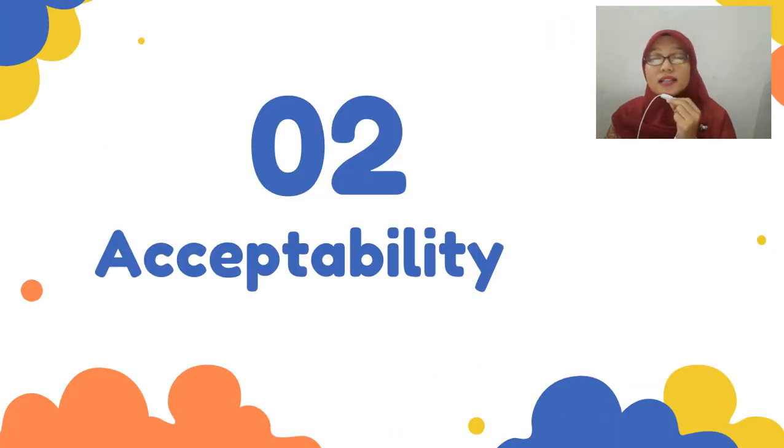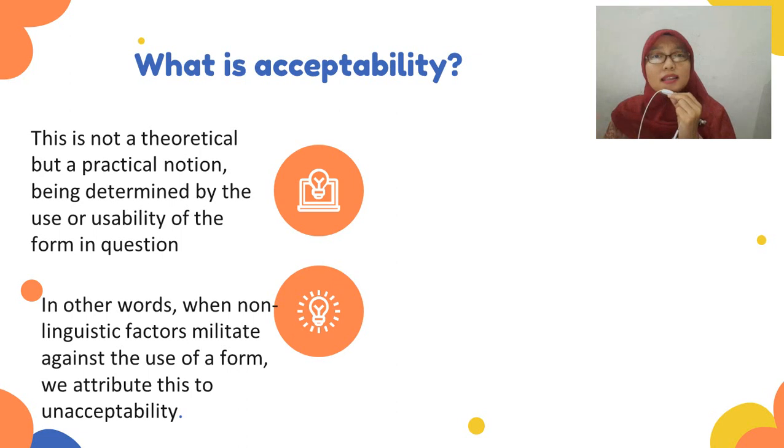Okay, the second one is acceptability. What is acceptability? This is not a theoretical, but practical notion, being determined by the use or usability of the form in question. In other words, when non-linguistic factors militate against the use of a form, we attribute this to an acceptability.